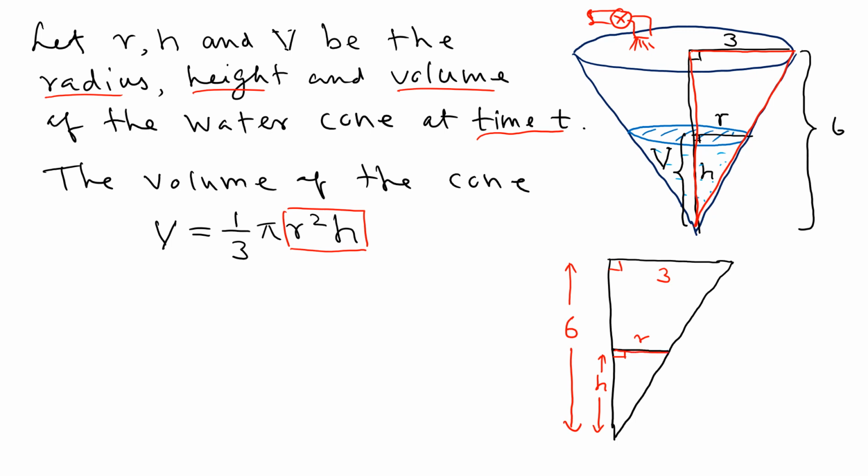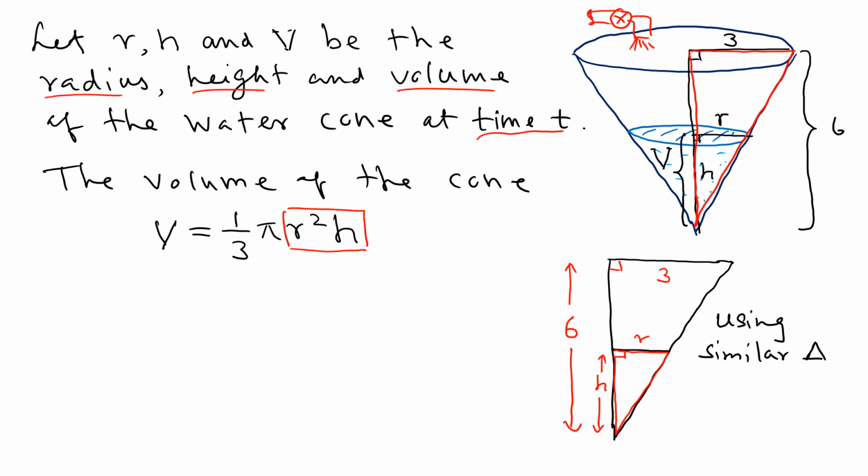So we can use the geometry of similar triangles, and we know that if there are two similar triangles, the ratio of the corresponding sides is equal. They are the same. So using similar triangles, what we normally do is write the one that we need to find on the top.